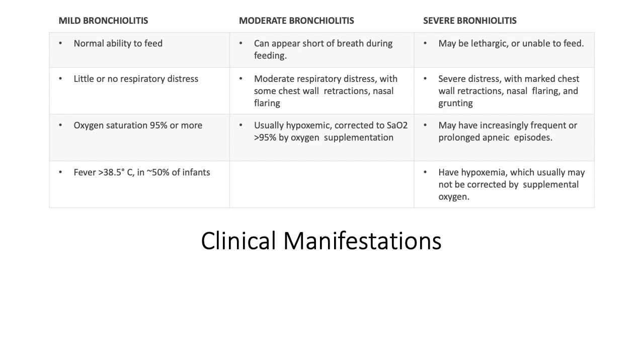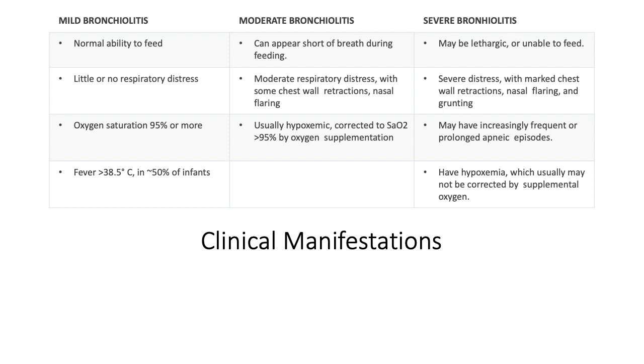In moderate bronchiolitis, while feeding, the child can appear short of breath and it may lead to intermittent breaks in feeding. The respiratory distress is moderate with some chest wall retractions and nasal flaring. The infant is usually hypoxemic, but it can be corrected by supplying heated humidified oxygen and the corrected saturation will be more than 95% of hemoglobin.